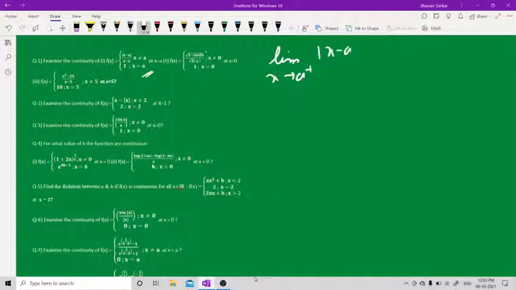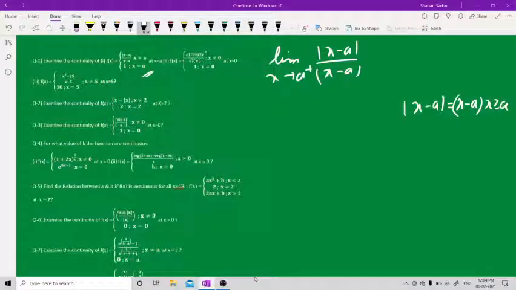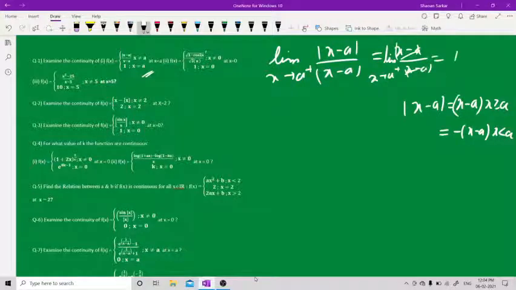Mod x minus a upon x minus a. You know that mod x minus a is equal to x minus a for x greater than or equal to a, and it's equal to minus (x minus a) for x less than a. So this will be limit x tending to a plus of (x minus a) upon (x minus a), both brackets cancel out, gives you 1.